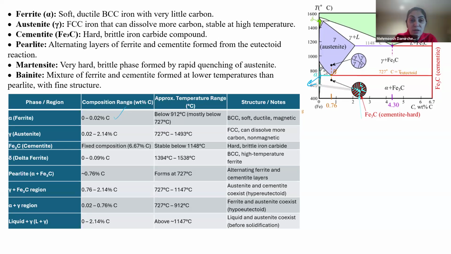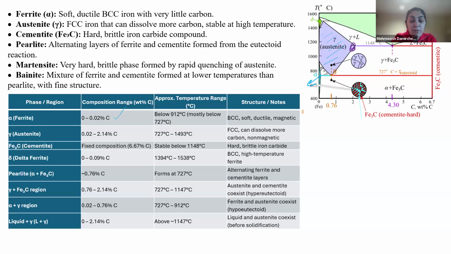About gamma or austenite, it is in the purple region. Or this region, okay? It is the gamma or austenite. If you look at the composition weight percent between 0.02 up to this corner, I mean at the end of this region, I'm talking about this point, okay?